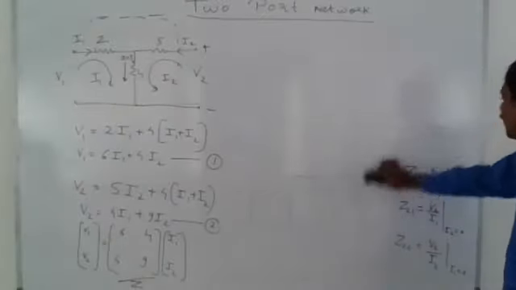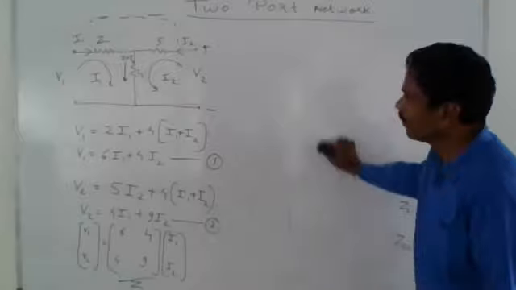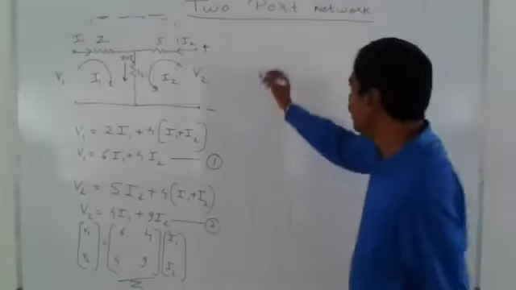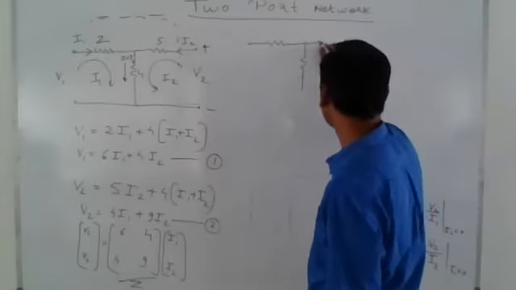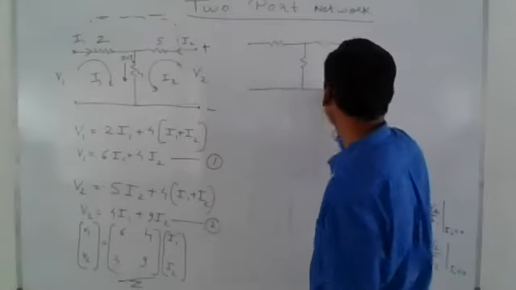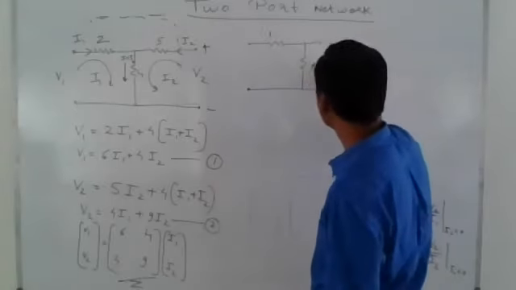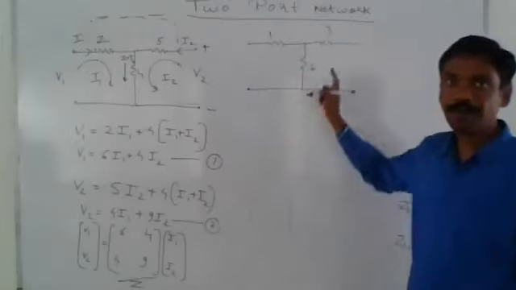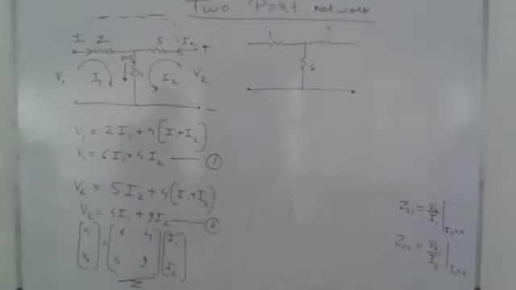This is how you have to find the Z parameter of a two-port network. This is very easy. You can solve one more problem. Find the Z parameter of this circuit as soon as possible.